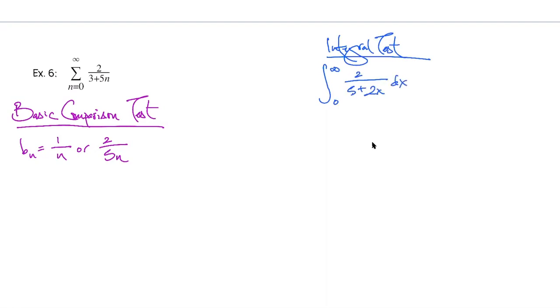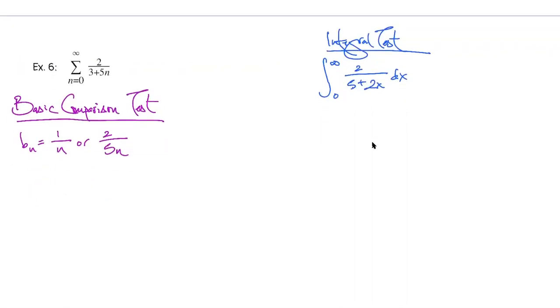And so what rule would we need to integrate this? U sub. We could use u sub, exactly. So we'd get u equals 5 plus 2x, du over 2 equals dx. So we could definitely use u sub for that.